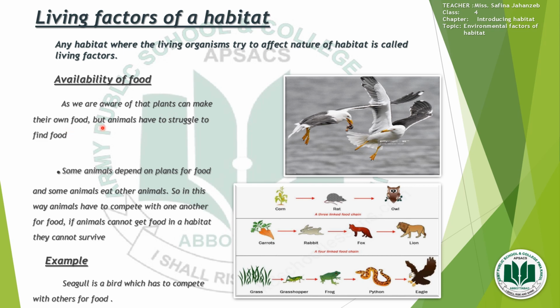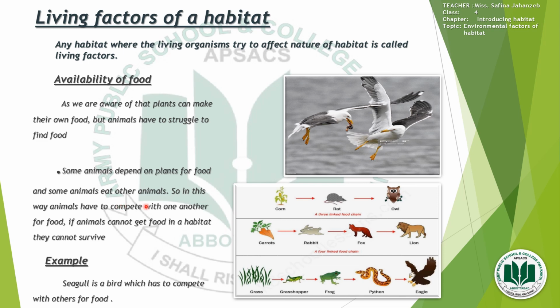As we are aware, plants can make their own food, but animals have to struggle to find food. Some animals depend on plants for food, and some animals eat other animals. So, in this way, animals have to compete with one another for food.